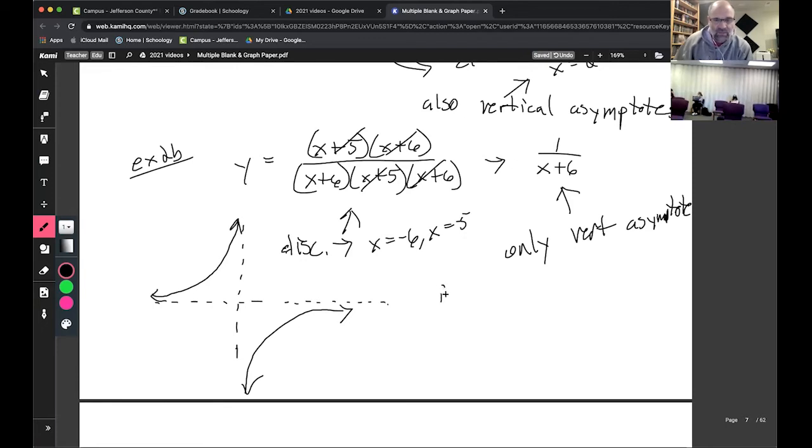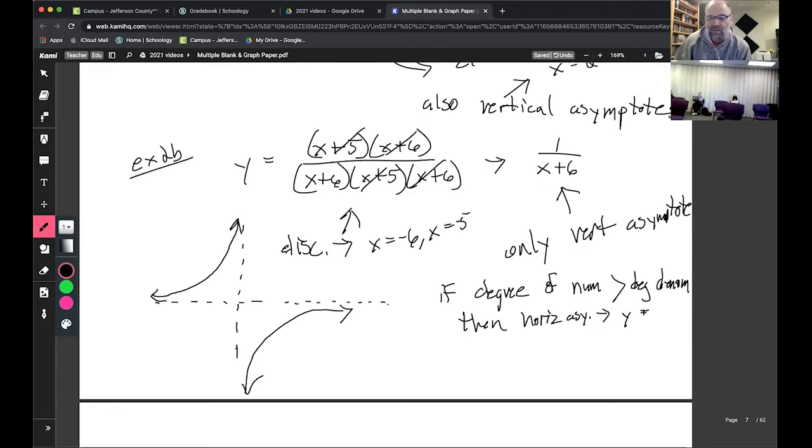So if the degree of the numerator, the top, is greater than the degree of the denominator, then the horizontal asymptote is y equals 0.